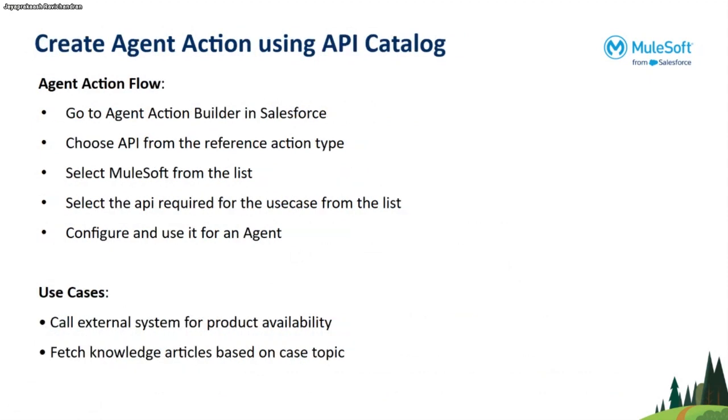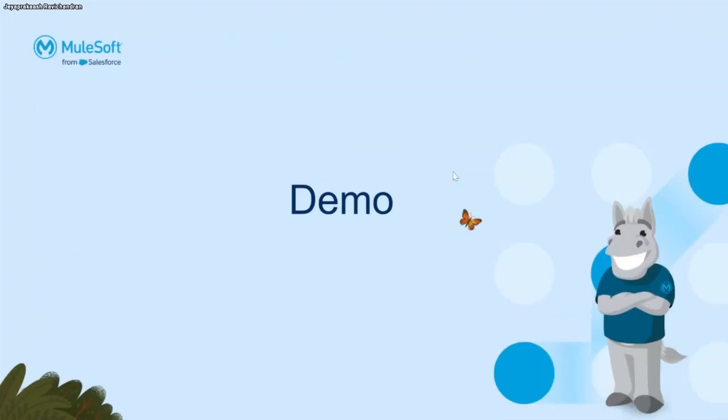Once the APIs are activated, they will be readily available in Salesforce to create an agent action, which in turn can be used by any of the agents created within Salesforce. So this is the basic outcome.